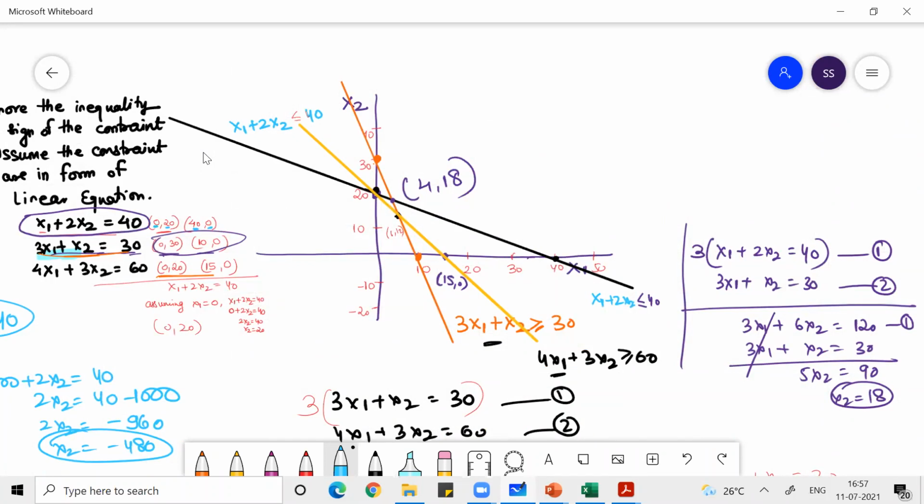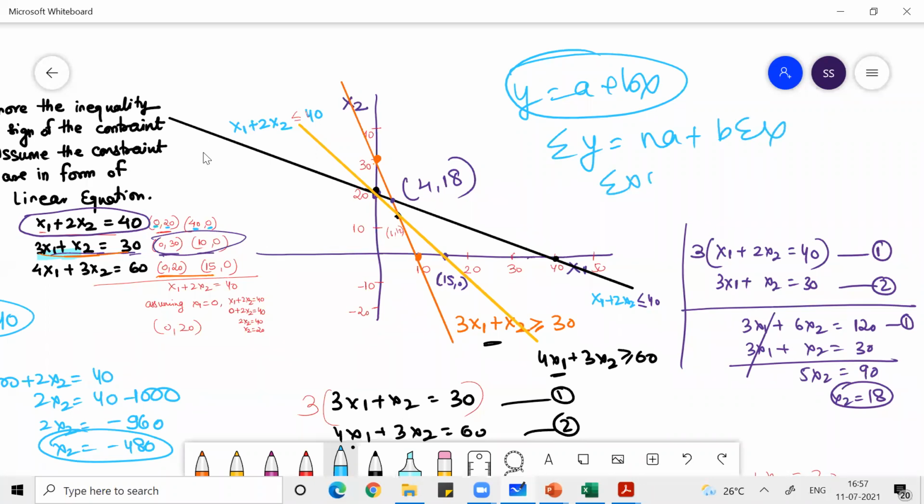If you did this in first semester when you studied regression in statistics, time series analysis, if you remember the least square method, summation of y is equal to na plus b summation of x. You remember y equal to a plus bx. Time series analysis, summation of xy is equal to a summation of x plus b summation of x square.